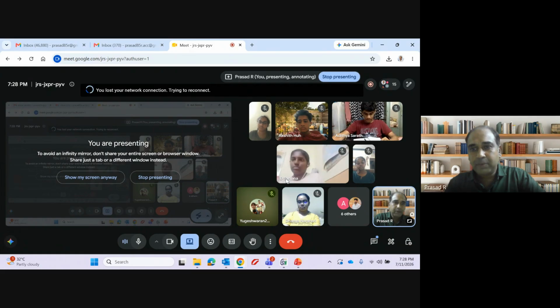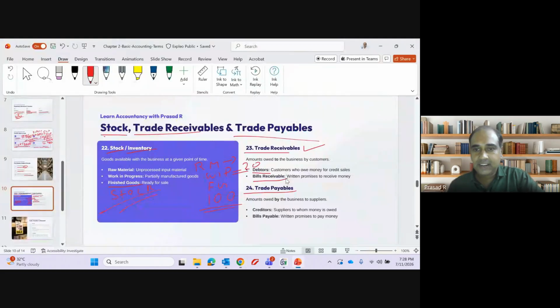But for academic purposes, trade receivables means debtors plus bills receivable. Trade receivables is debtors plus bills receivable. Clear?